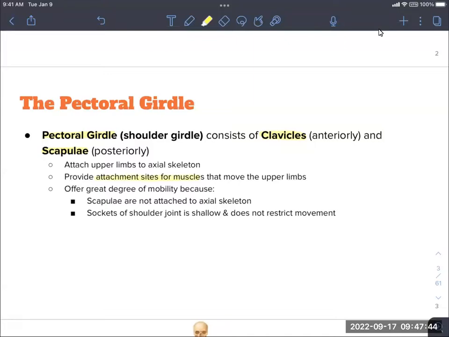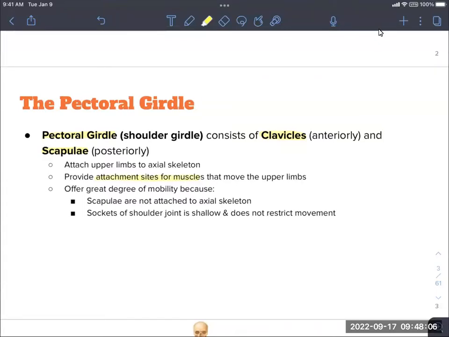They actually let your arm move and have great mobility, because if you raise your arm up over your head, your scapula actually rotates with it. The socket that fits your arm to your shoulder is very narrow, shallow.